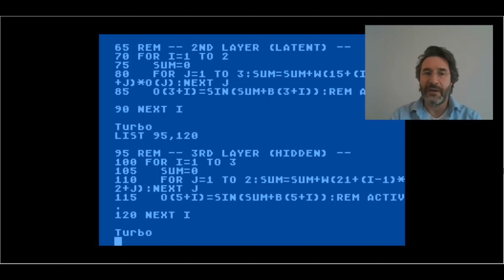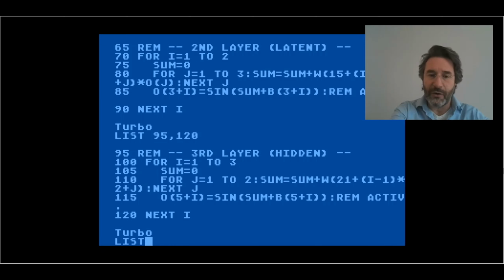So on line 100, we have a for loop that goes from 1 to 3 and closes at line 120. It goes from 1 to 3 because we have 3 neurons in the second hidden layer. And on line 105 and 110, what we do is the usual computation of the discriminant. On line 115, we compute the output of the neurons that we have in the second hidden layer.